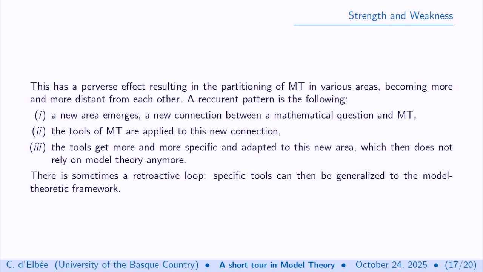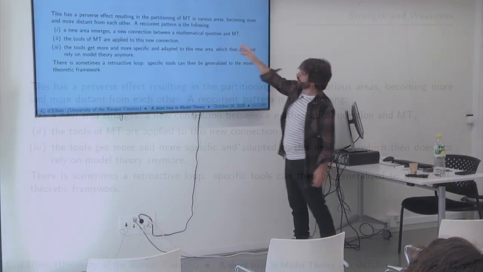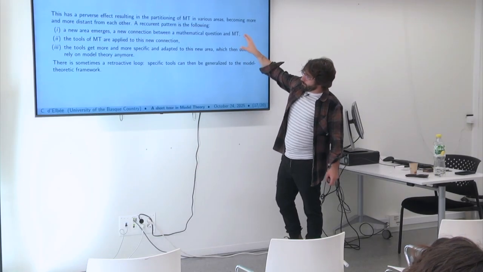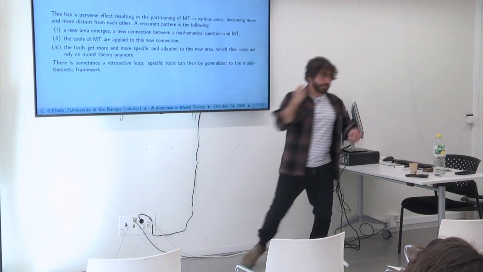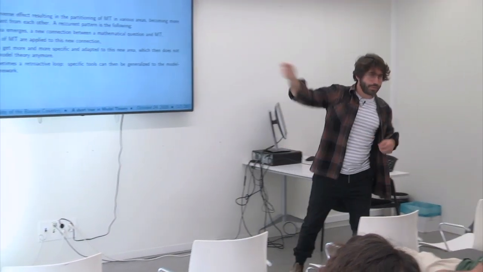This has a perverse effect, resulting in the partitioning of model theory into various areas becoming more and more distant from each other. A recurrent pattern is the following. First, a new area emerges, a new connection between a mathematical question and model theory. Then the tools of model theory are applied. Model theorists say, okay, we can apply this theorem, good.